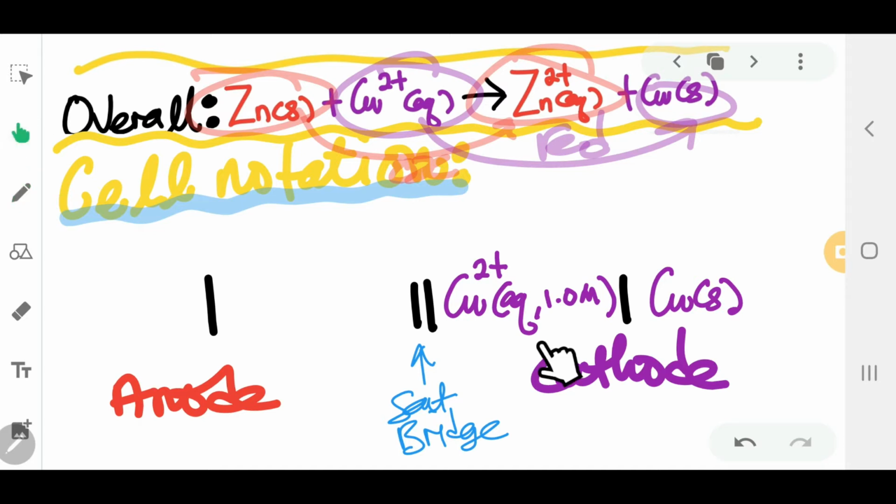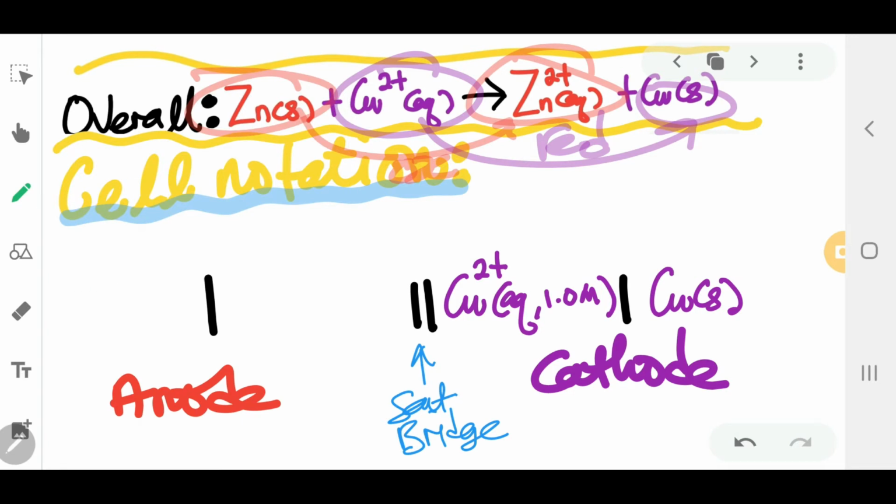So the process now, from here to there, is gaining electrons. Reduction happens at the cathode. For the zinc solid to be oxidized, becoming zinc 2+ aqueous, we're going to do similar things.